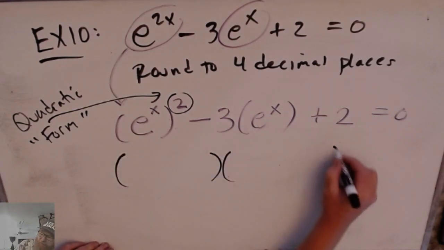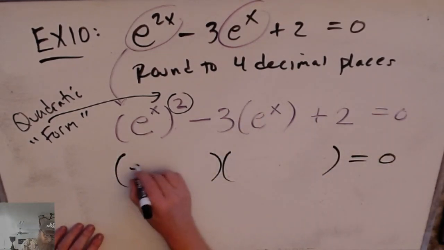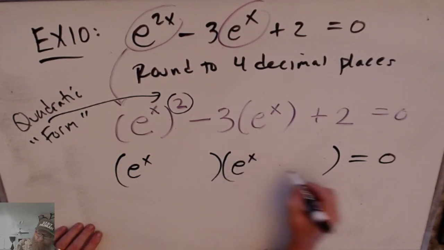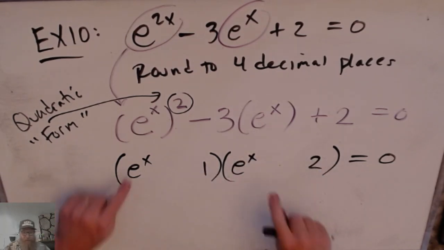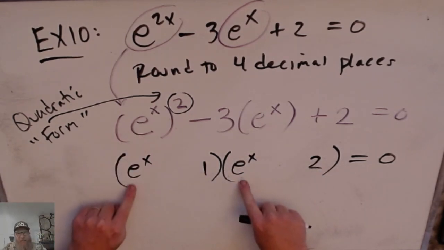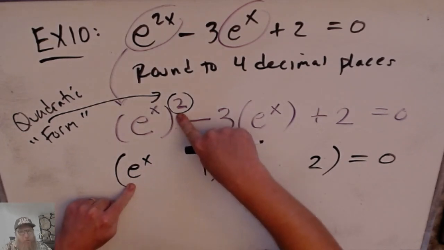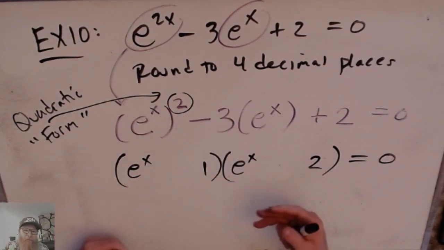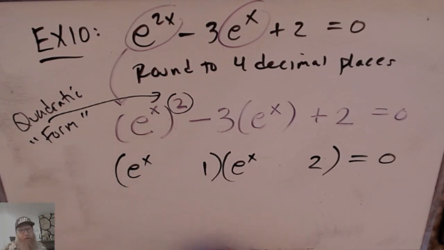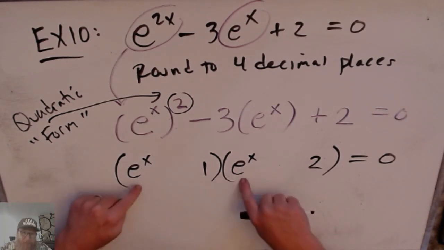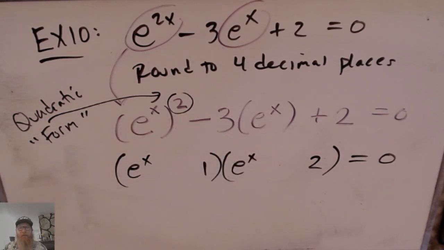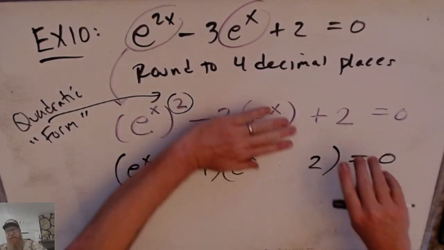So you should be able to factor this. e to the x times e to the x is e to the x squared, just like x times x is x squared.